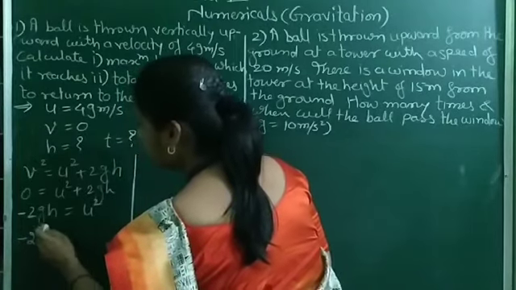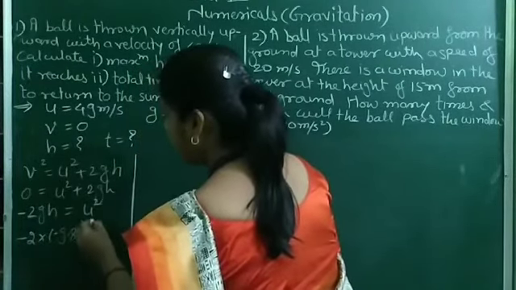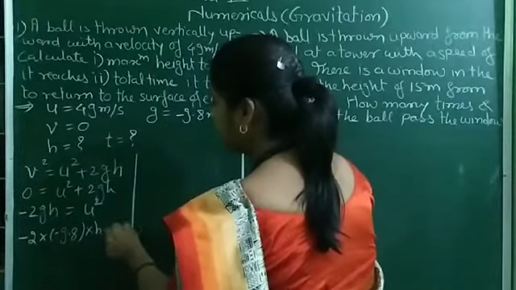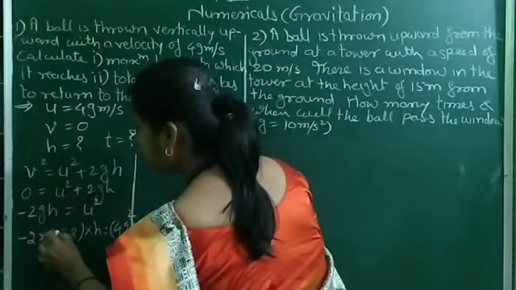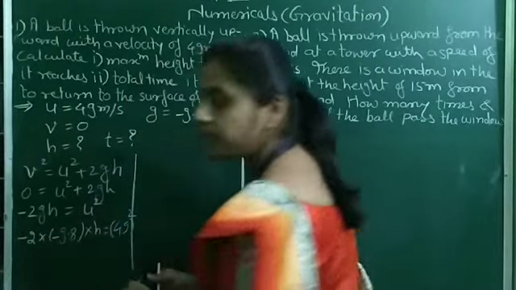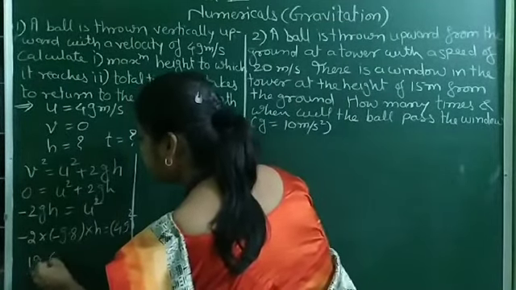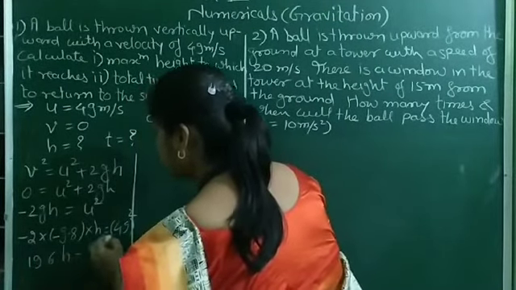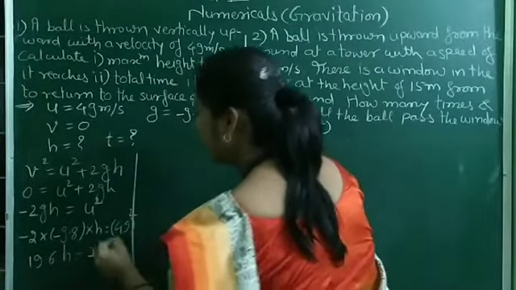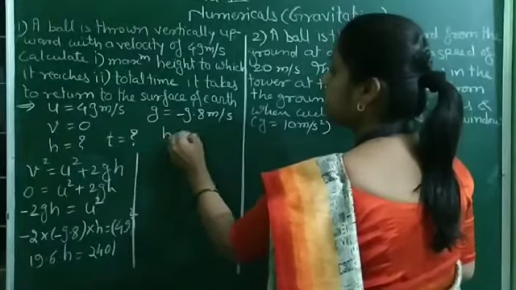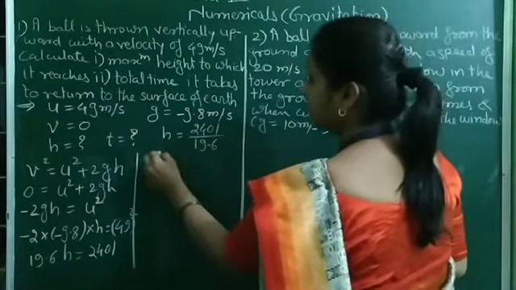Minus 2 into g, which is minus 9.8, multiplied by h that we have to find, and u is 49 square. So the minus becomes plus, and 9.8 into 2 will be 19.6 into h is equal to the square of 49, which will be 2401, and therefore h is equal to 2401 divided by 19.6.